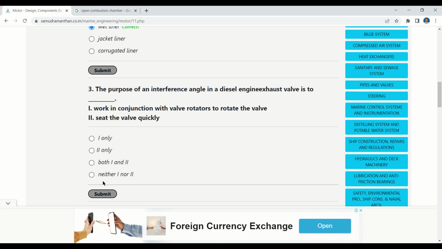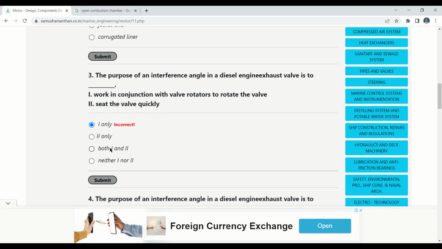There is no relation between working with valve rotators to rotate the valve and the interference angle. This interference angle is given to seat the valve quickly. So the correct answer should be seat the valve quickly, so the correct answer will be the second only.